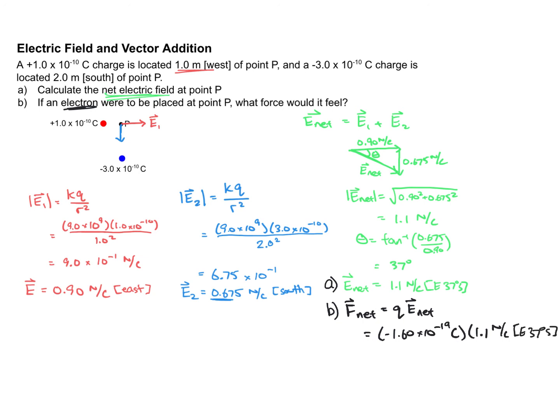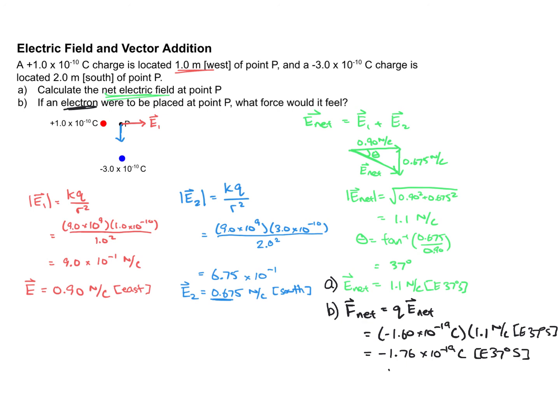But notice how I did put in the negative for the charge of the electron, so my answer is going to be negative. That's going to actually just cause the direction to flip. It'll feel a force the other way. So let me multiply this by 1.1 first. So the force is going to be negative 1.76 times 10 to the negative 19 newtons, east 37 degrees south.